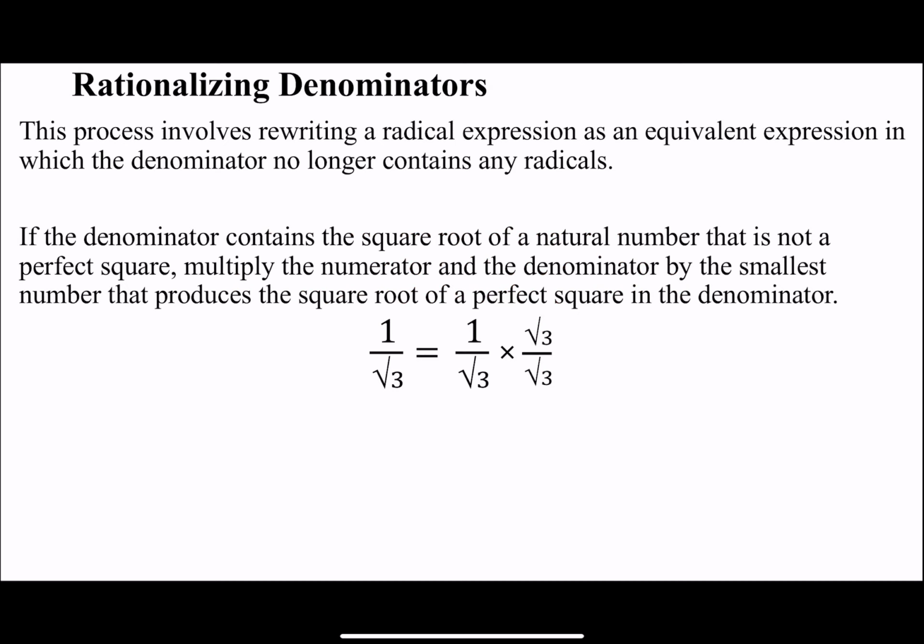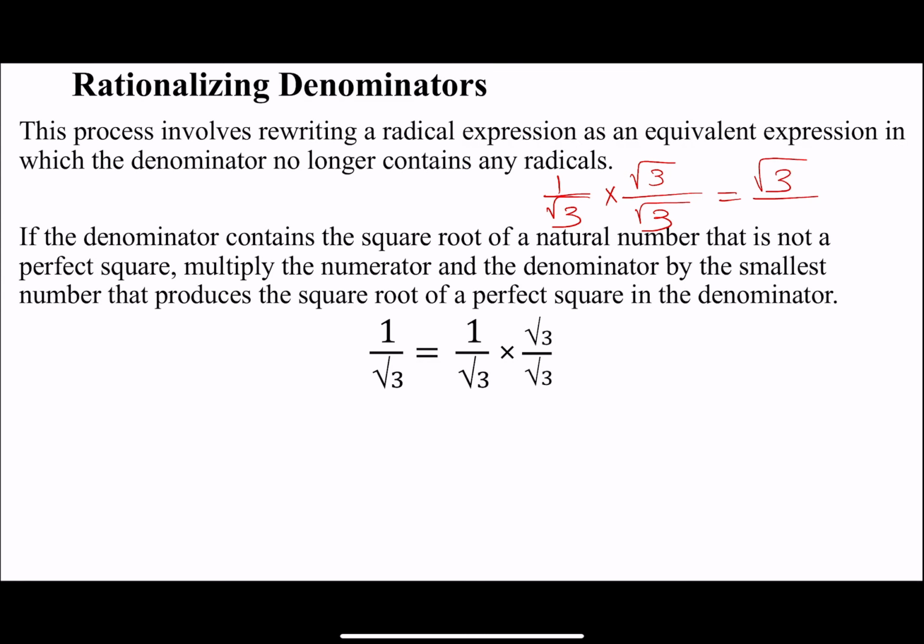Let's say you have a square root in the denominator and you don't want it there. You want to get rid of the square root in the denominator. Here is the strategy. For example, you have 1 over the square root of 3. You multiply the denominator and numerator both by the square root of 3. In the numerator, 1 times the square root of 3 is the square root of 3.